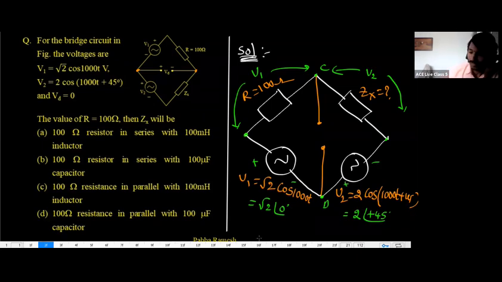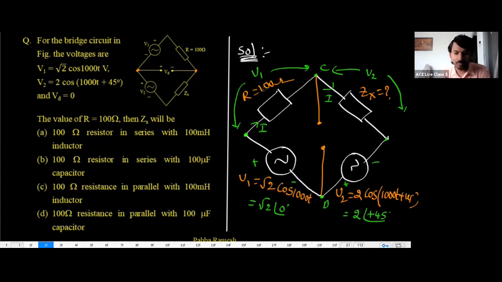Now, sir, as it is a balanced circuit, these two are coming in series. Therefore, the same current I will be flowing here. What is I?